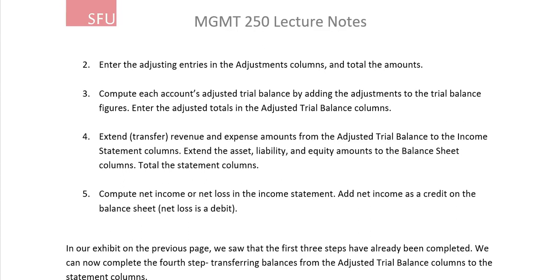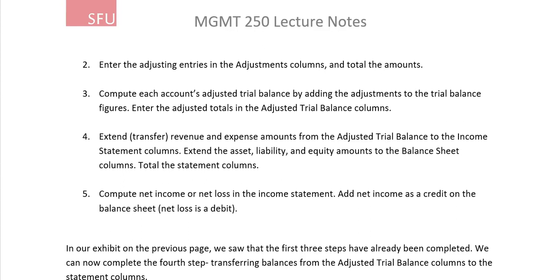Step 5, compute net income or net loss in the income statement. Add net income as a credit on the balance sheet, and net loss as a debit. So you're essentially looking at your income statement and determining if the revenues, which are credits, are more than the debits, which are your expenses.